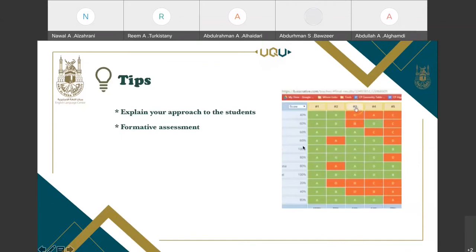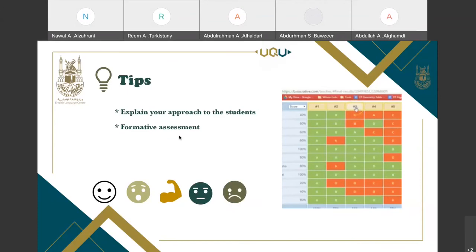This is taken from a participant using the flipped classroom. Here, it's very easy to find out which student is answering very well, the best student, and which student doesn't know the answer, who is still having trouble, and you need to focus on this student.